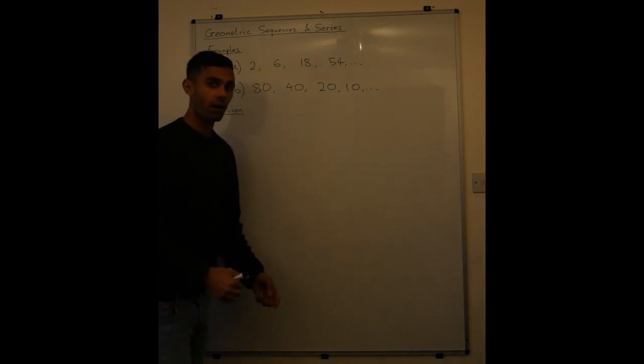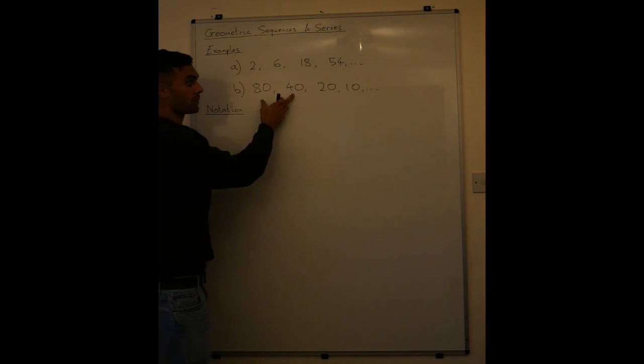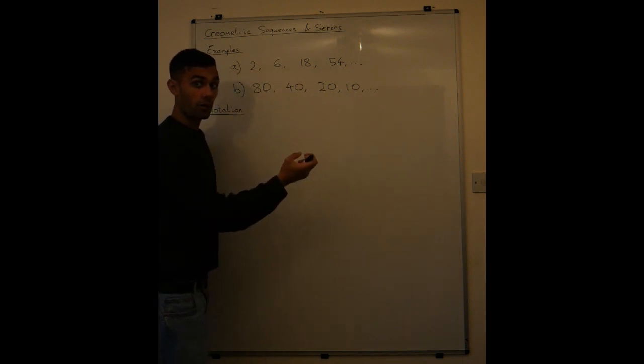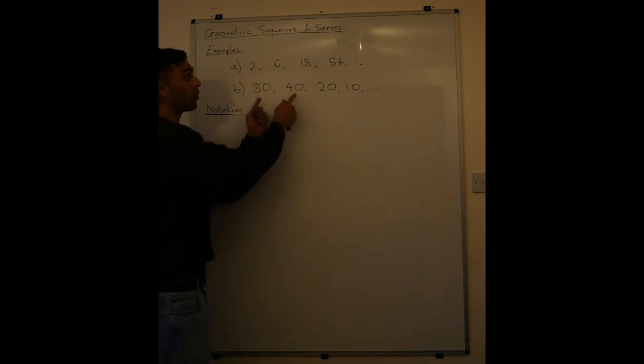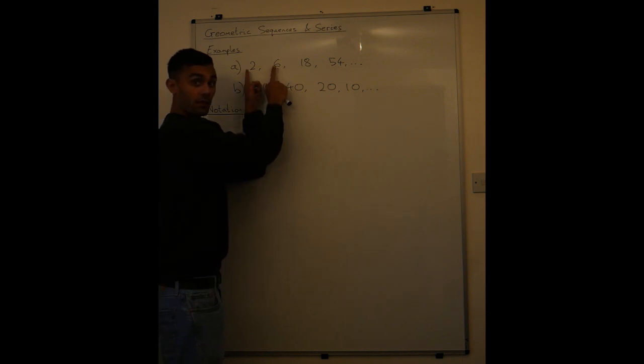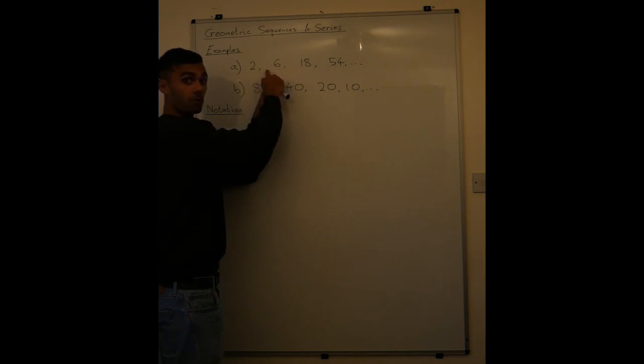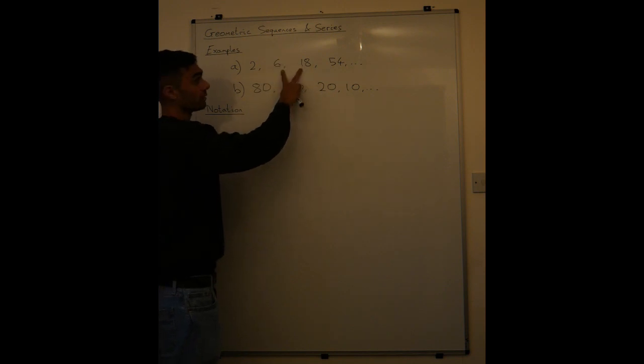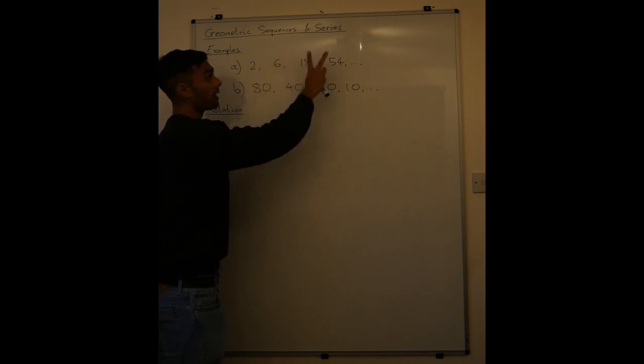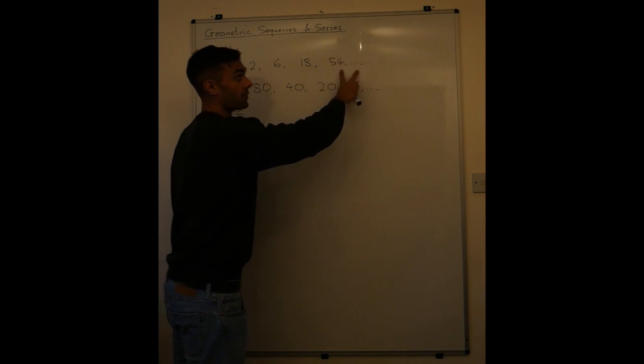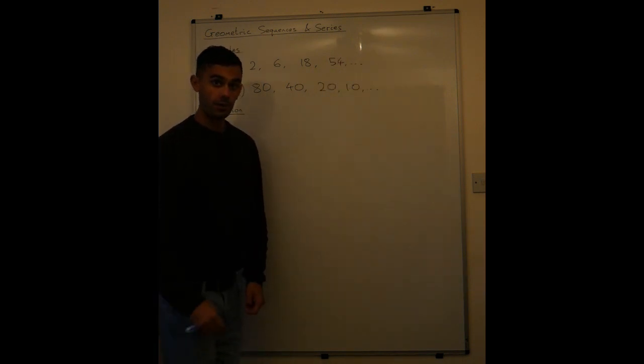Geometric sequences have a common ratio between consecutive terms. What we mean by that is, if you take consecutive terms that are next to each other and you divide them, you always get the same result. So if you divide these two, you get 3, these two, you also get 3, these two, you also get 3, and so on for any two consecutive terms.